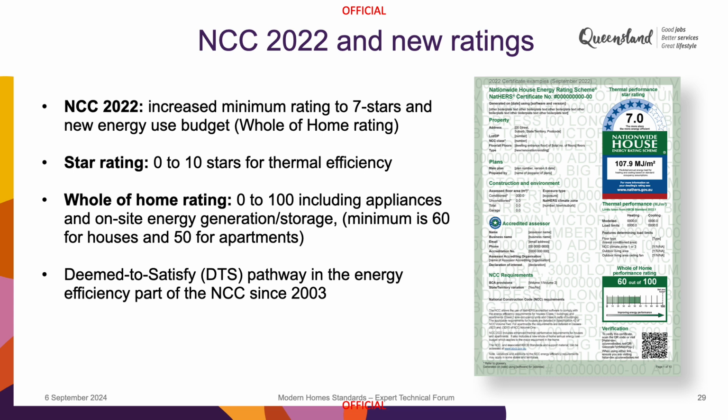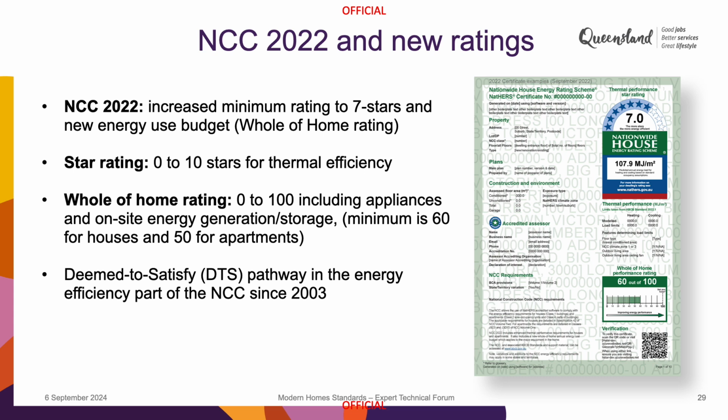You'll see the NatHERS certificate there on the right-hand side, the logo at the top showing the thermal stars, and the logo at the bottom, which shows the whole of home rating, which requires a minimum of 60 out of 100. So the energy use budget now contains appliances fixed in the homes, so all your heating and cooling and your hot water systems, as well as cooking, lighting, and pool and spa pumps. And for those that put on PV, you can include the PV and the batteries.